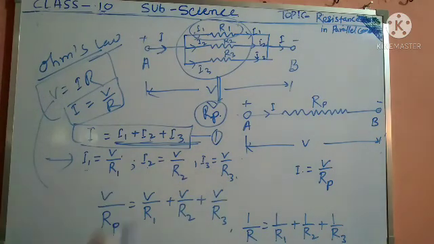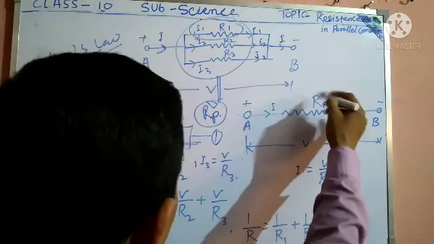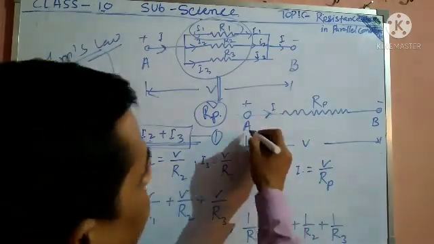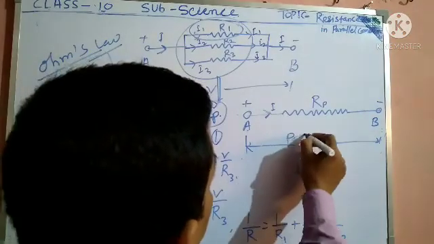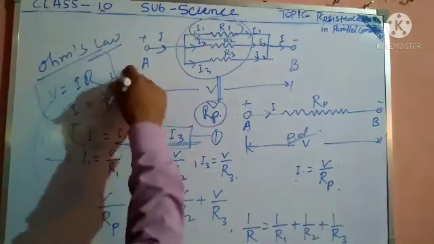For the total resistance RP of the parallel combination, with current I passing from end A to end B and potential difference V, I is equal to V by RP through Ohm's law.